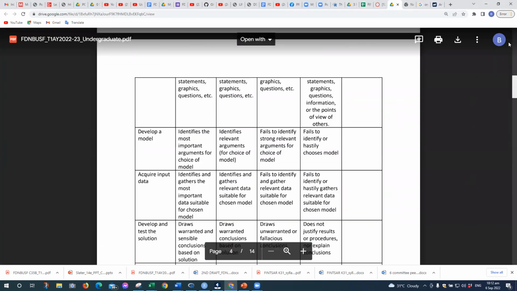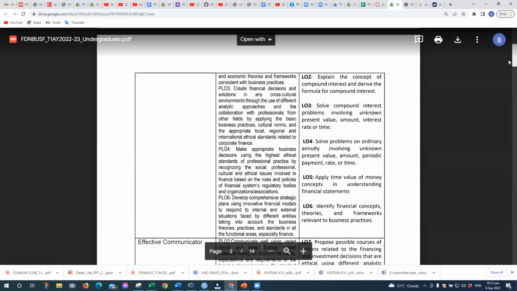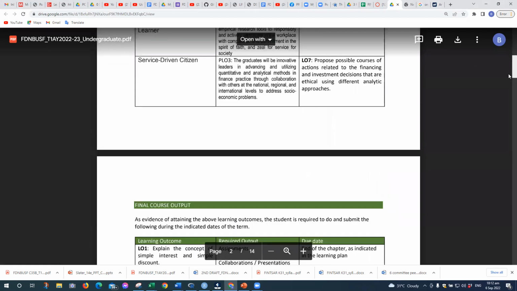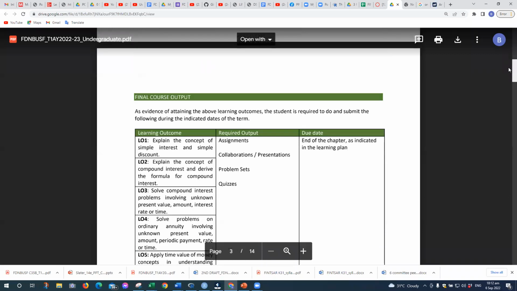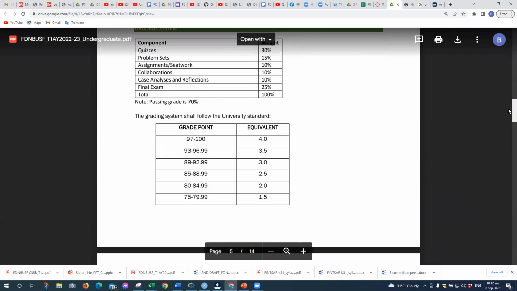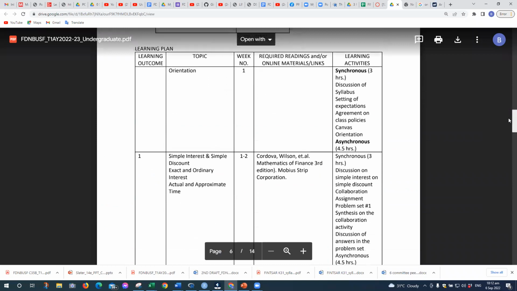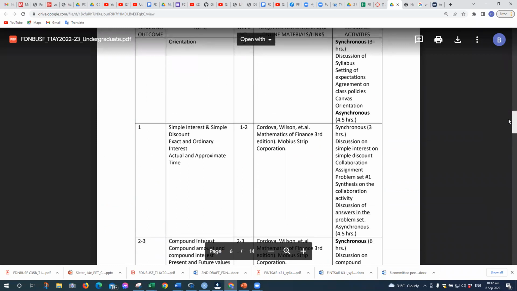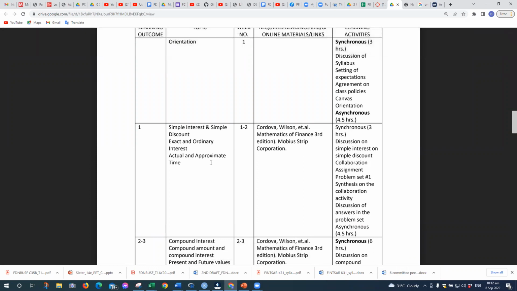Okay, so going back to our lesson, our first topic will be on simple interest. I'm going to start now, at least introduce the lesson on simple interest, simple discount, exact and ordinary interest, and then using the actual and approximate time.